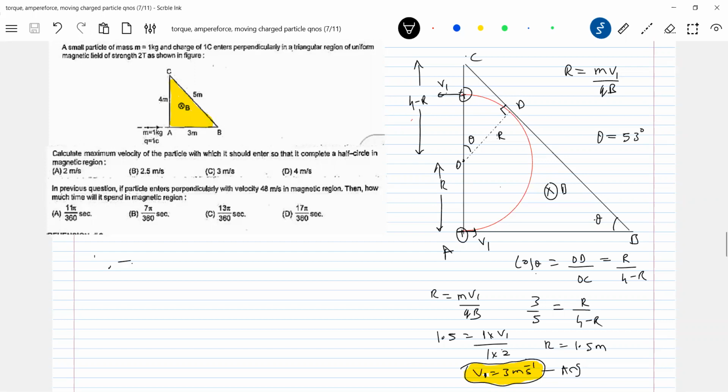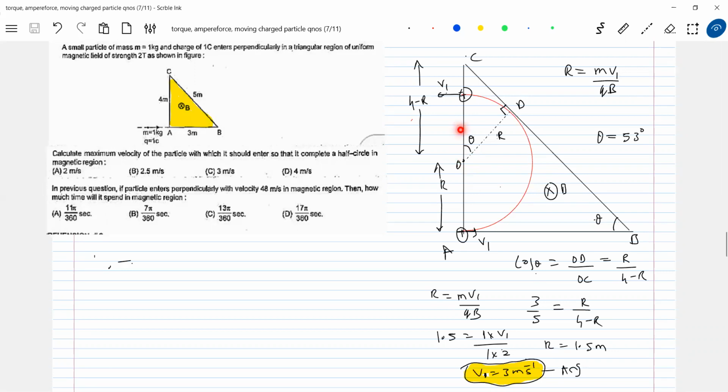If the radius is large, where the center O will come, will not be on the line AC. So where will that O now shift? Will shift above C. Try to analyze here only. If it enters with 3 meter per second, the center of the circular path is at O. So as I increase the speed, definitely the O will shift, no?